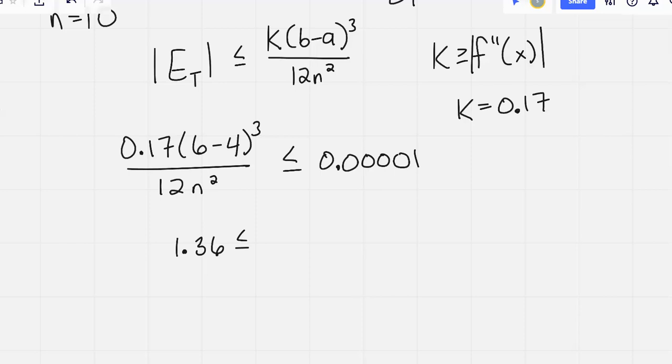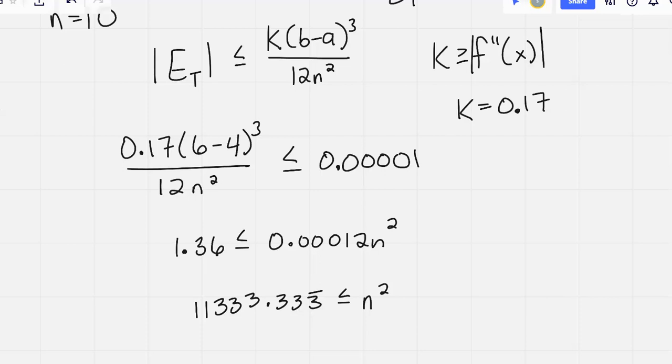So 0.00001 times 12 would be 0.00012 n squared. Then I'll divide by 0.00012, and the left side becomes 11,333.333. I could leave it as an exact fraction, but it doesn't really matter.